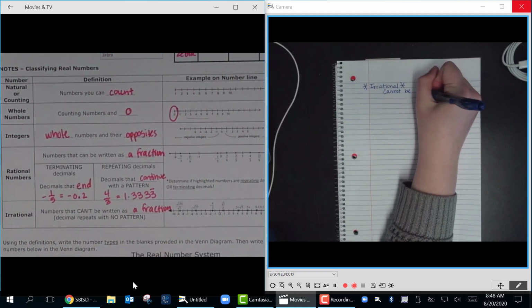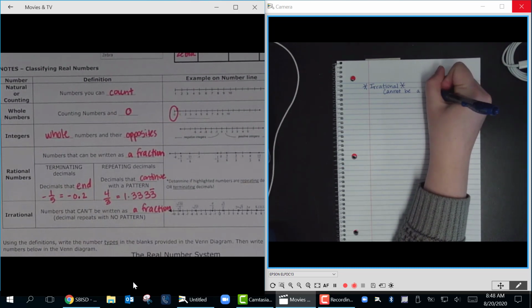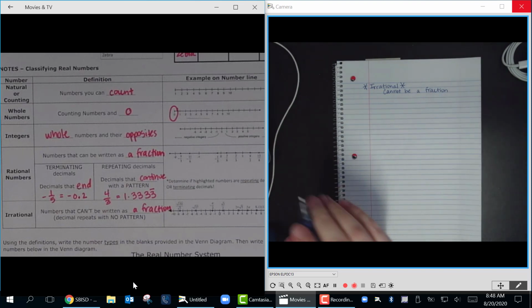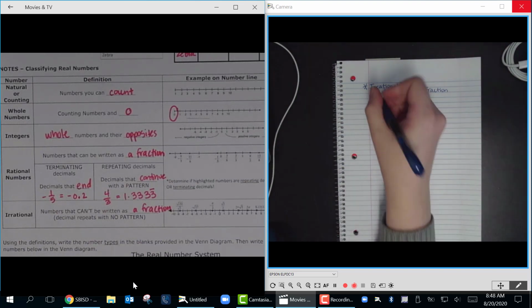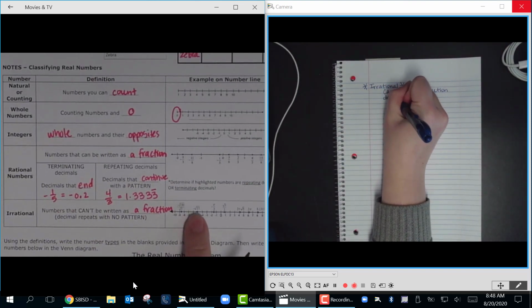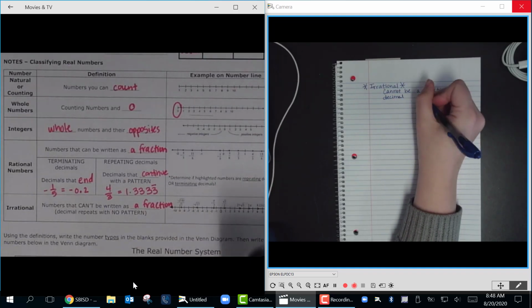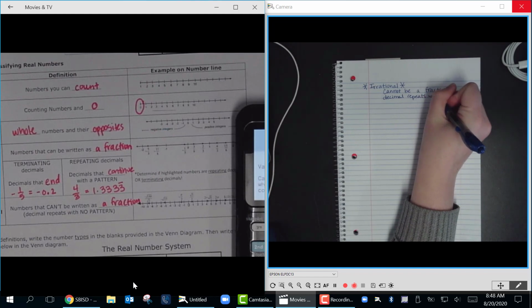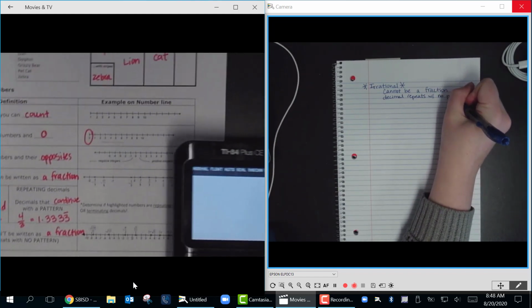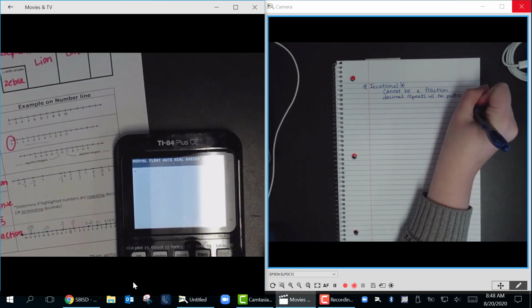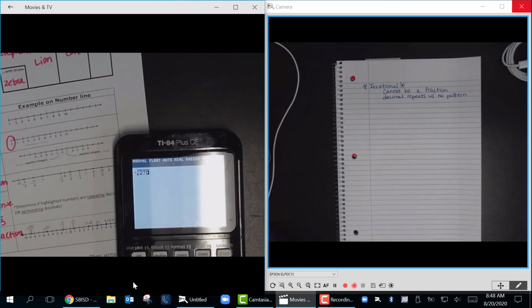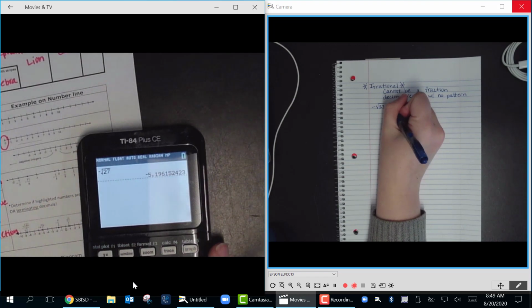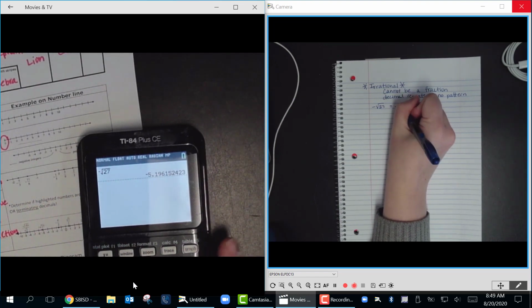If we're going to look at that, it might be helpful to look at it on a calculator. Let's look at -√27. -√27 is -5.1961.